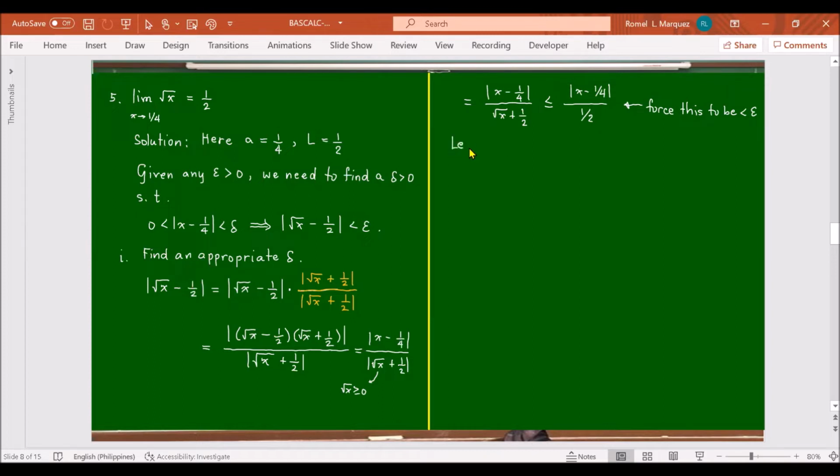So we want absolute value of x minus 1/4 over 1/2 to be less than epsilon. So if this is less than epsilon, then we say that the absolute value of x minus 1/4 is less than epsilon over 2. Okay, guys? 1/2 times epsilon.